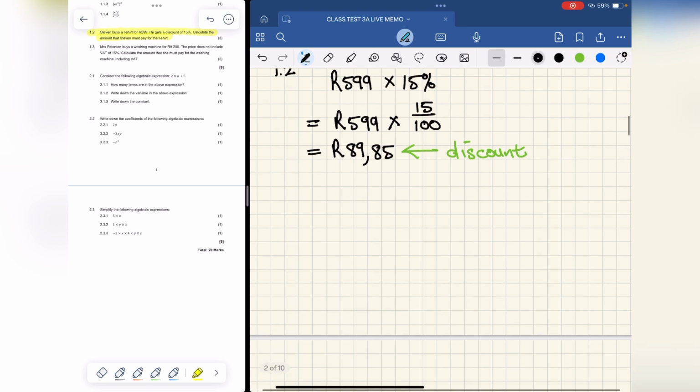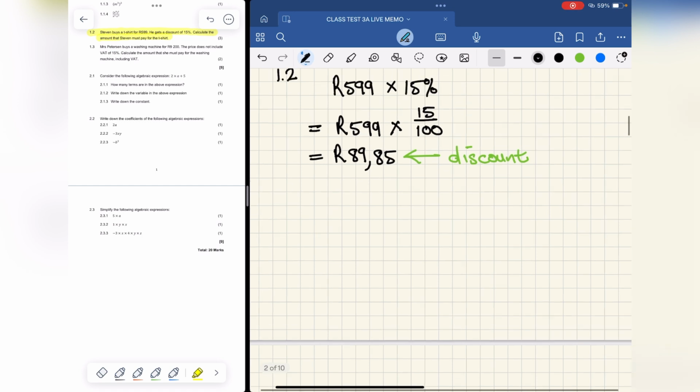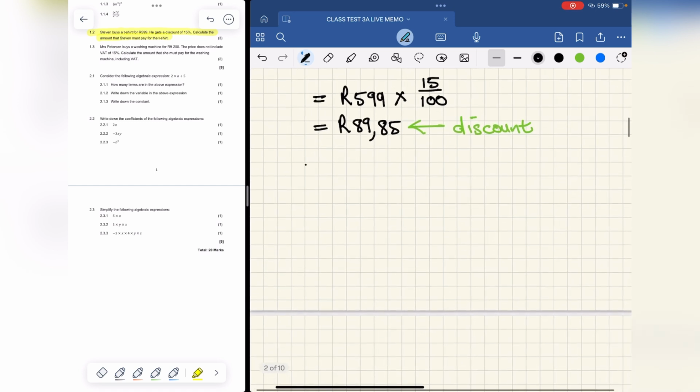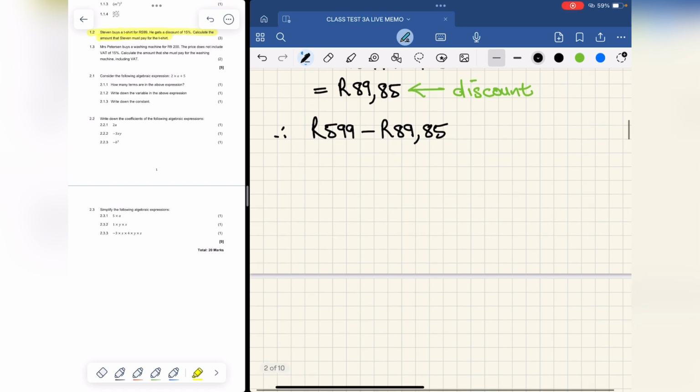So if he is going to get a discount of 89 Rand and 85 cents, that means I can take 599 Rand and subtract the discount from it because I'm not going to pay the discount. It's being discounted from my purchase. So 599 minus 89 Rand 85, and that gives me 509 Rand 15 cents.